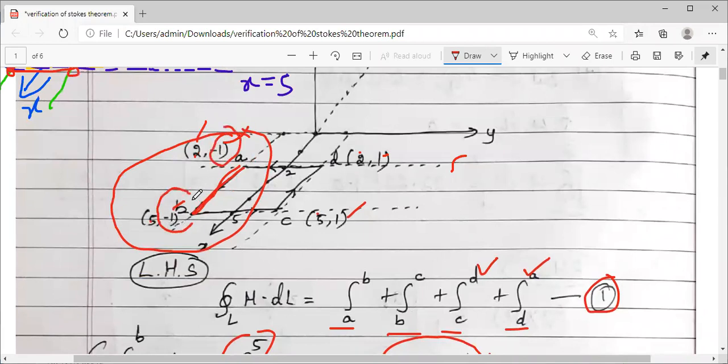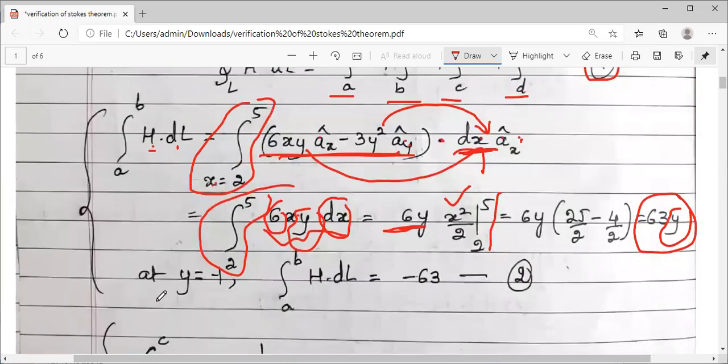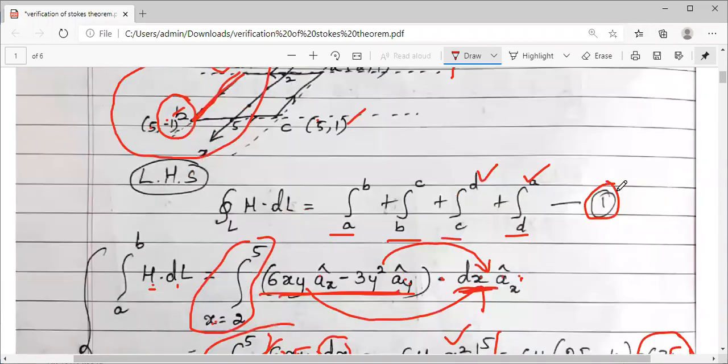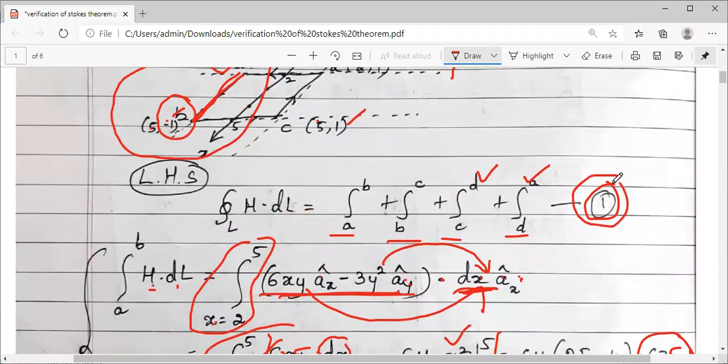For the first line, it is constant, it is not changing, only x is changing from 2 to 5. y is -1 for both points. Taking y equals -1, the first line integral will be -63. I have taken this as equation 2, because the first equation is already the sum. First integration calculation is over.